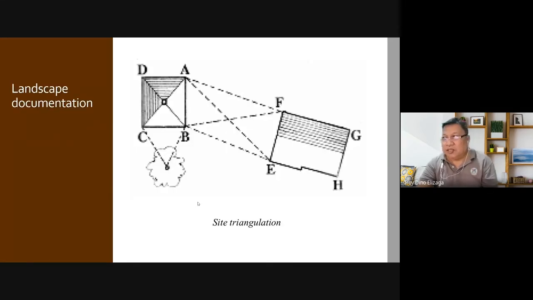Landscape documentation. You might end up documenting not one building, but several buildings in a property, to locate them from each other, even trees. So you use triangulation again: corners to corners, triangulate.